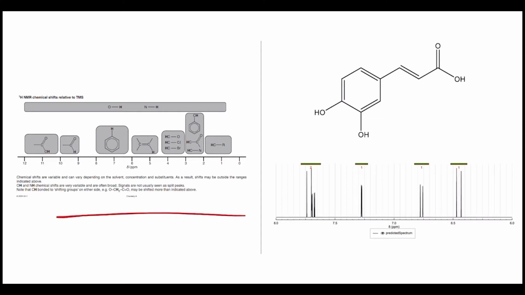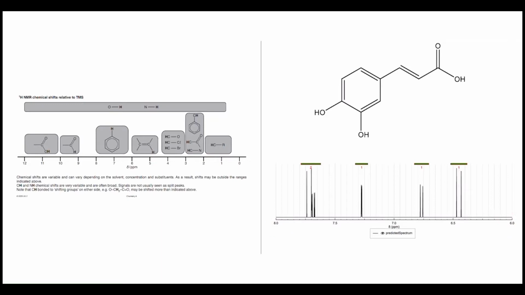This one is taken from OCR exam board. Firstly, let's have a look at the scale of this spectrum. You can see it starts at 6 and finishes at 8. That's because there is nothing outside this range and no peaks there.